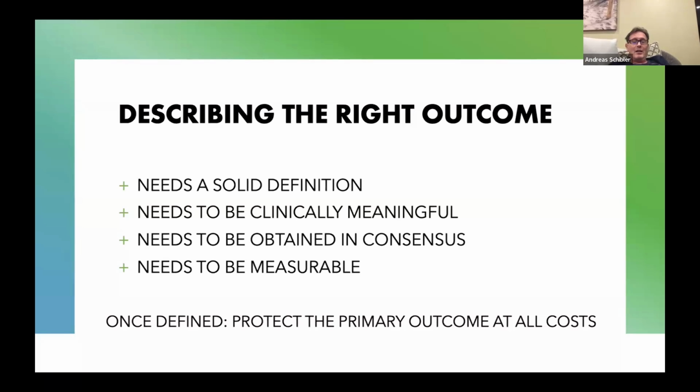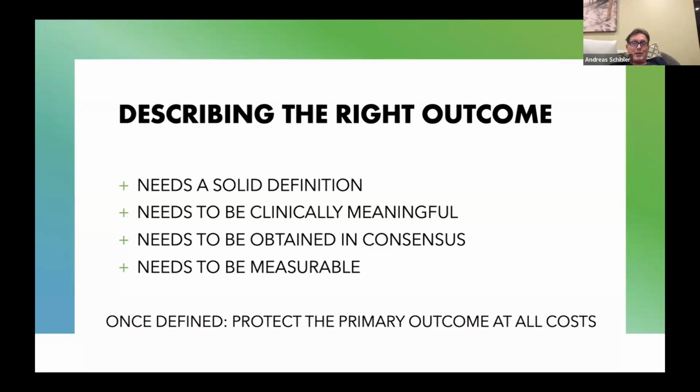And one of the most important parts of it is among your colleagues, you need to have consensus that everyone agrees on the outcome, and that's painful. That takes a lot of discussions. And last but not least, you need to be able to measure it. So it needs to have a number next to it. And once again, it needs to be protected.